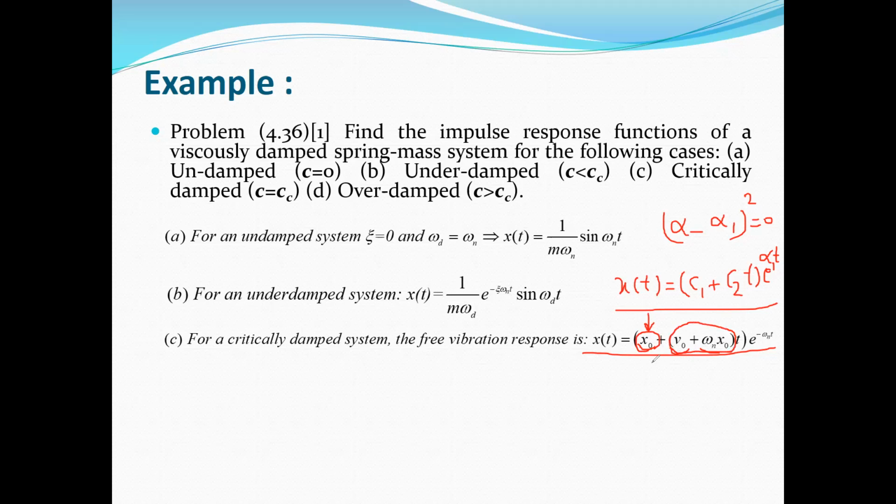This is c1 and c2. And now we need to substitute the numerical values for x naught and v naught according to the impulse excitation, and then we can find the total response for a critically damped system subjected to an impulse.